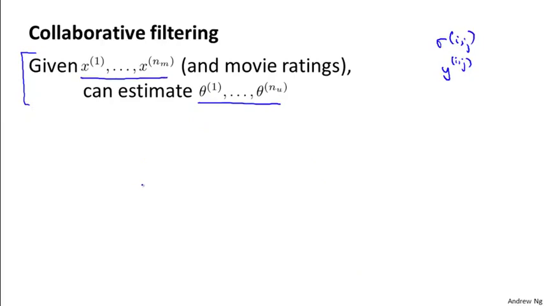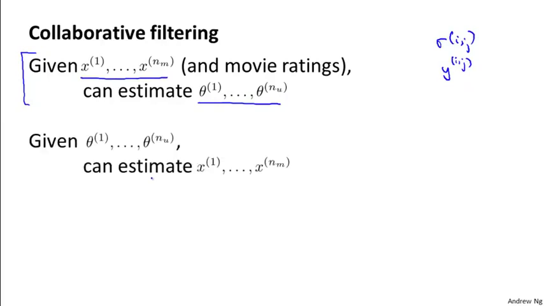If you knew the features, you can learn the parameters theta for your different users. And what we showed earlier in this video is that if your users are willing to give you parameters, then you can estimate features for the different movies. So this is kind of a chicken and egg problem. Which comes first? If we can get the thetas, we can learn the x's. If we have the x's, we can learn the thetas.